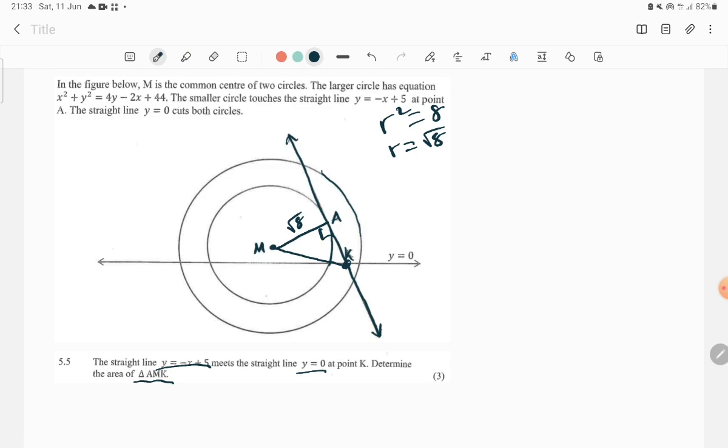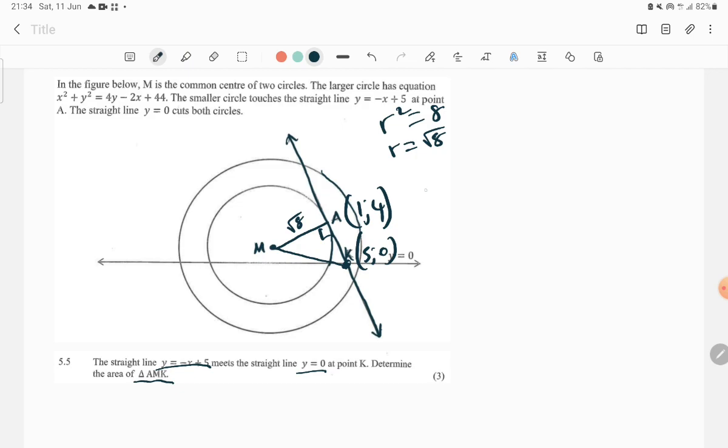Now, to find the area of this kind of triangle, we need AM, which we got already. Then we need to figure out the length of AK. Just remember that the coordinates of K are (5, 0), and the coordinates of A are (1, 4).